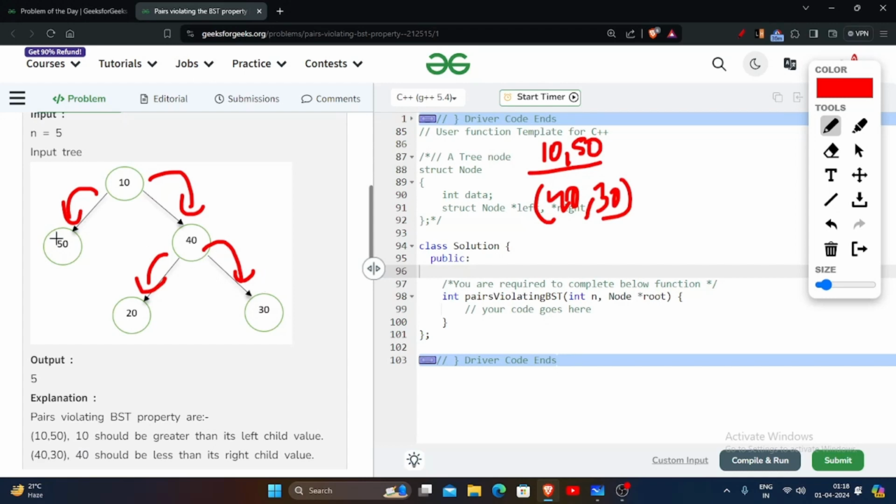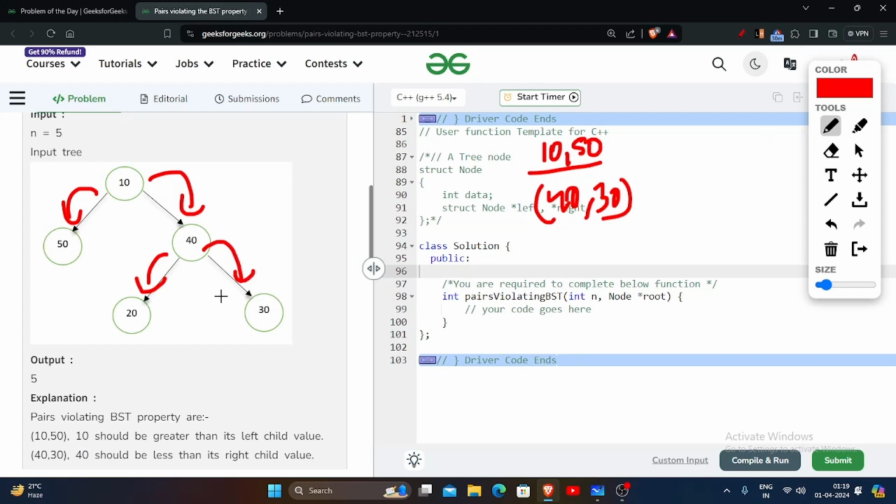Now 50. 50 is at the left, but if it has to be a good case, 50 has to be the rightmost element of the subtree. 50 has to be the rightmost element of the subtree. But we can see 50 is actually violating with every element. We cannot see it in this diagram, but eventually, if I have to write the pairs, 50 should be in the right half of the subtree.